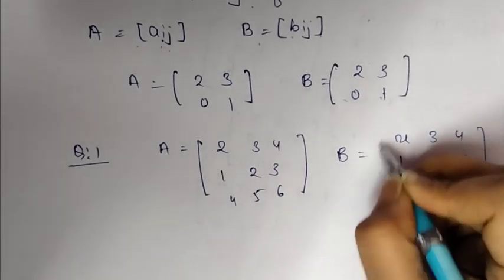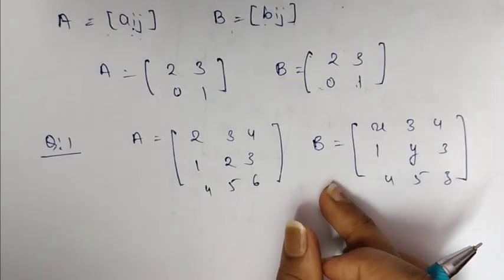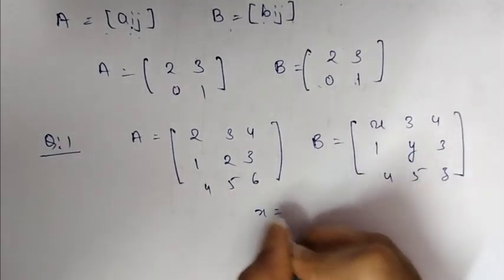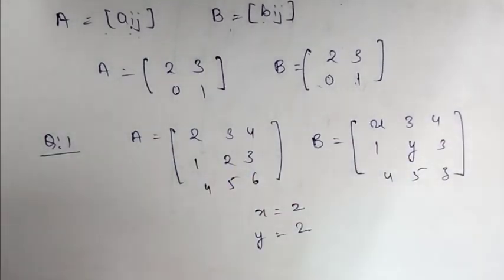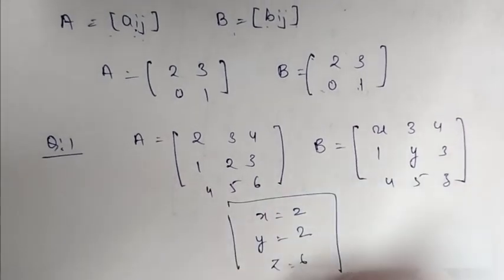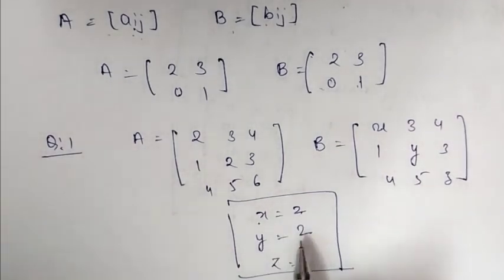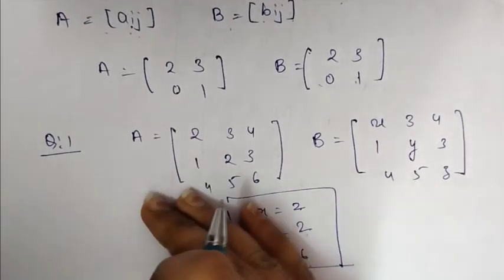And आपको question में given है that A and B are equal matrices. ठीक है, if both are equal that means x will be equal to 2, y will be equal to 2 and z should be equal to 6. If both matrices are equal, then we have x equals to 2, y equals to 2 and z equals to 6. कैसे मिला हमें? जब हमने A और B को compare किया.